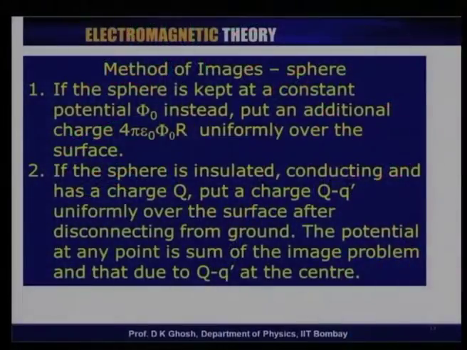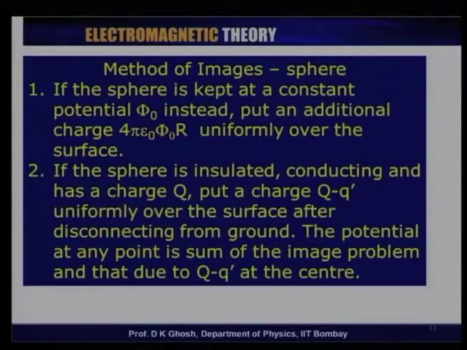So, in order to maintain the charge at plus Q, I already have, even when it was at a 0 potential, the sphere had a charge equal to that of the image charge, which is equal to q prime. Now, if you want the total charge to be maintained at capital Q, then you must spread an amount Q minus q prime of charge.